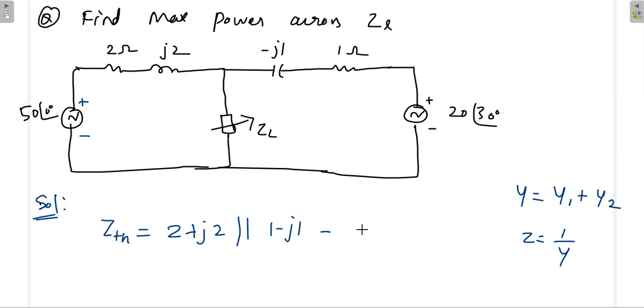Now here the final answer is 2 plus J2, or otherwise you can work it out here also with the AB divided by A plus B formula. Both are okay. Only your answer has to be correct. But here if you see, just work it out, because here 2 plus J2 is there, here 1 minus J1 is there, but ultimately 2 plus J2 is coming.